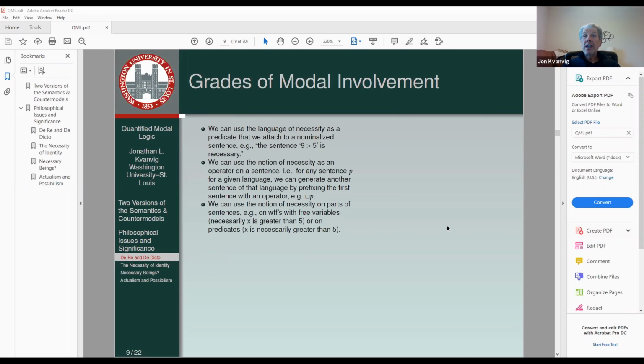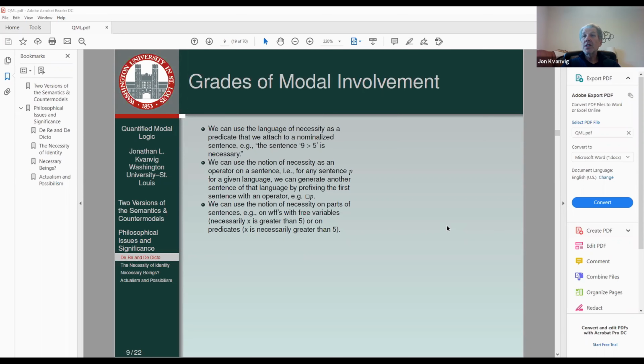The first example of modal language was metalinguistic. The second was where it became part of your object language, but it's an operator on fully formed sentences. The third grade allows it to operate on well-formed formulas that are not full sentences.